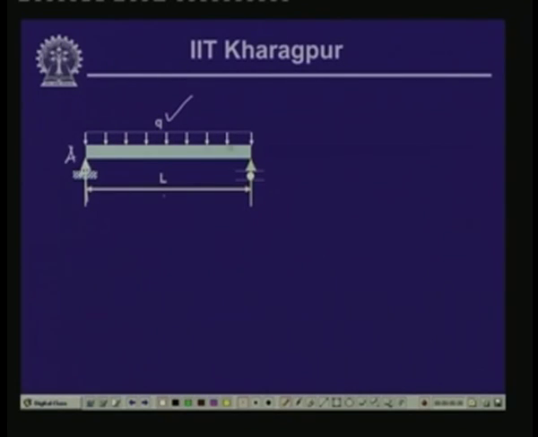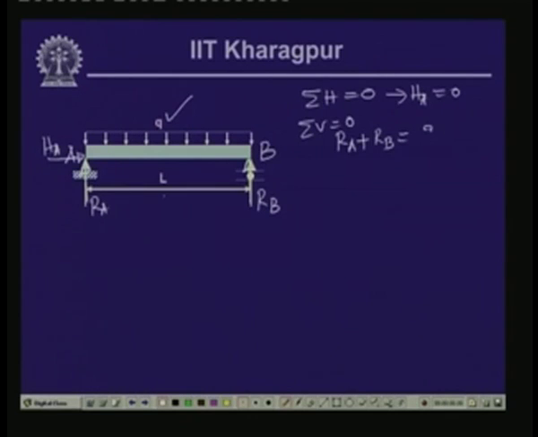Let us call this end A and this end B, and the reactive forces are RA and RB, and we have the horizontal force HA. Now, from summation of horizontal forces equals 0, we get HA equals 0. Summation of vertical forces equals 0 gives us RA plus RB equals qL, which is the vertical load acting in the opposite direction of RA and RB.